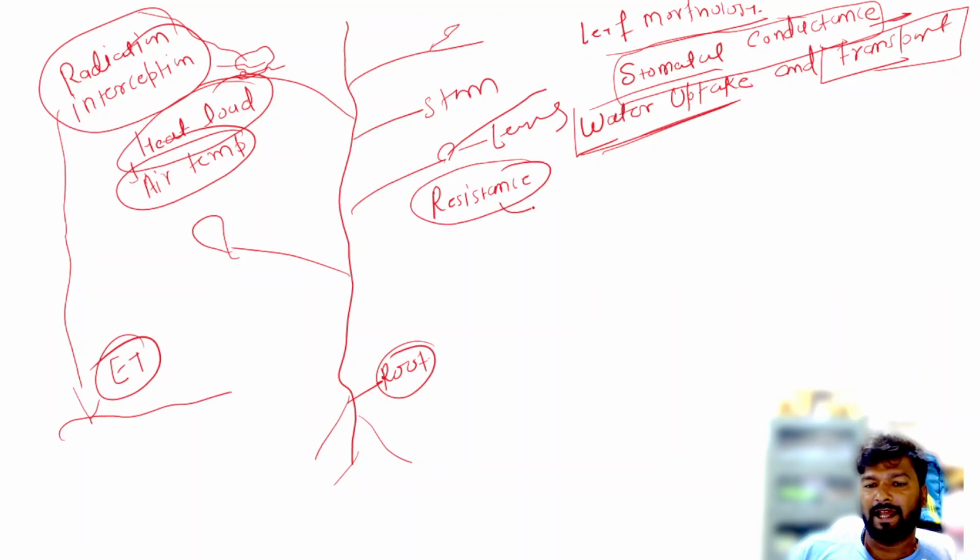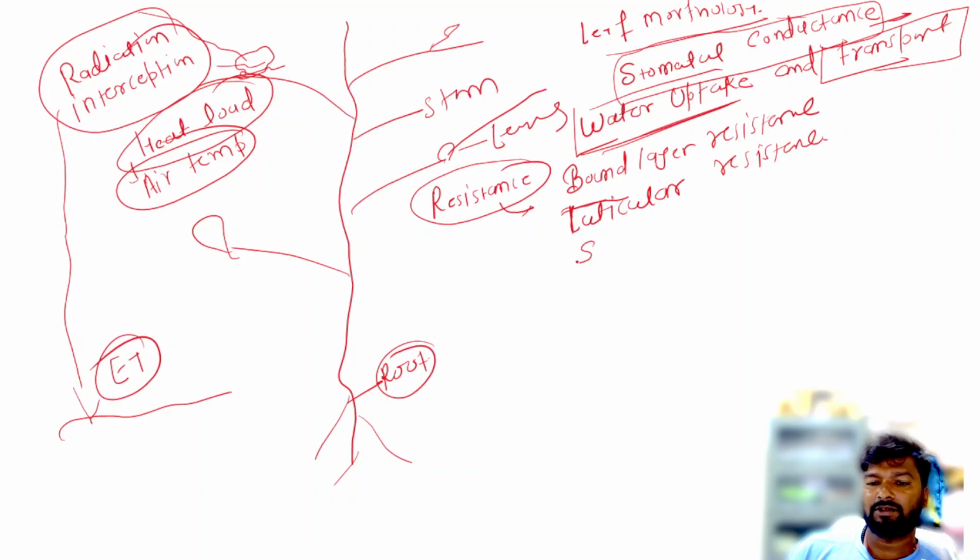Friends, you know that there are several types of resistance, like leaf boundary layer resistance, then cuticular resistance, also stomatal resistance. They also regulate the flow of water and CO2. Okay, so they also affect the water use efficiency.